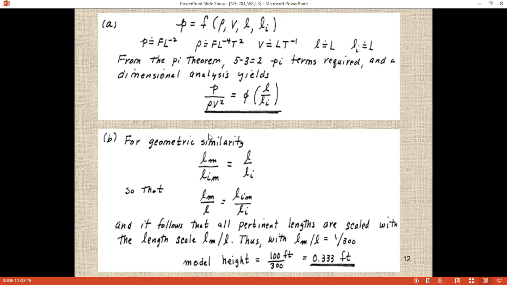So let's move on. The first problem we have solved, we have developed the pi terms, and for the second problem we have to determine the height of the model. This is the geometric similarity.